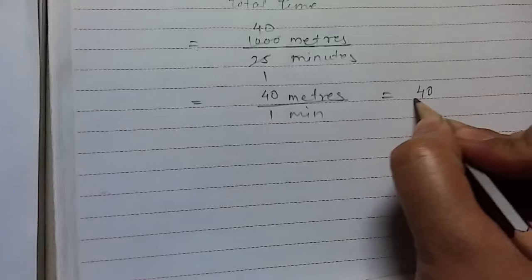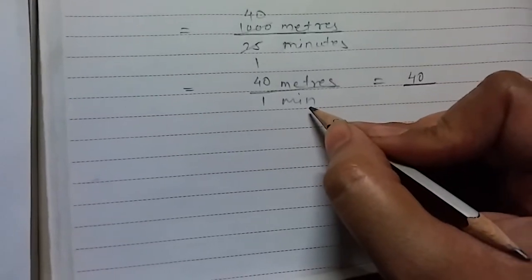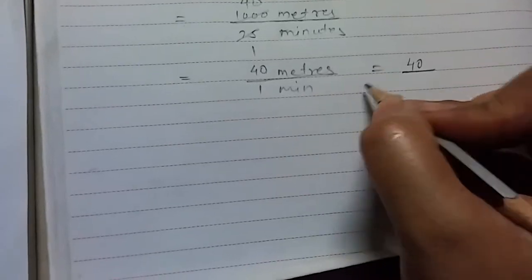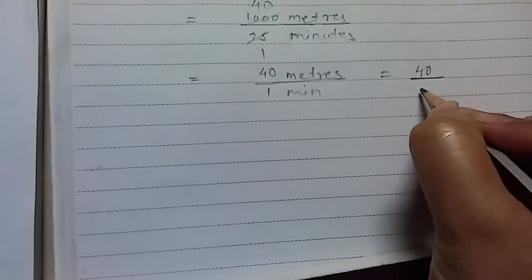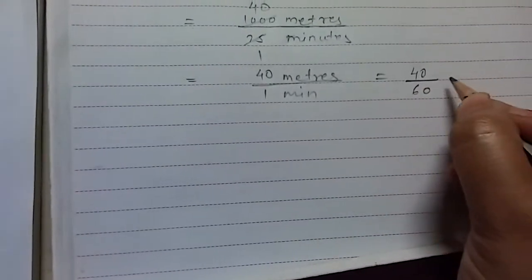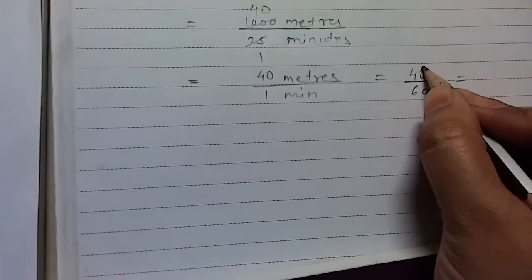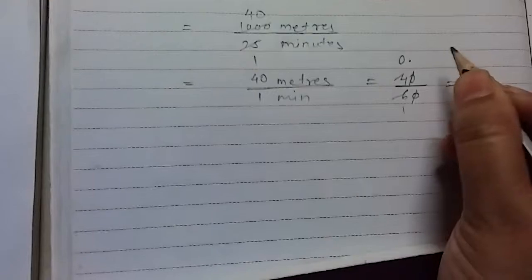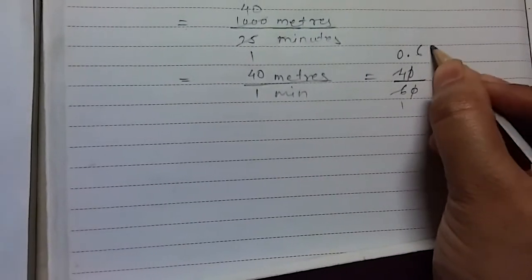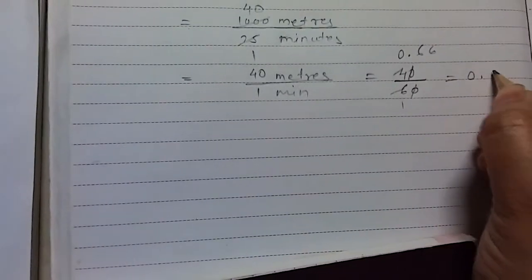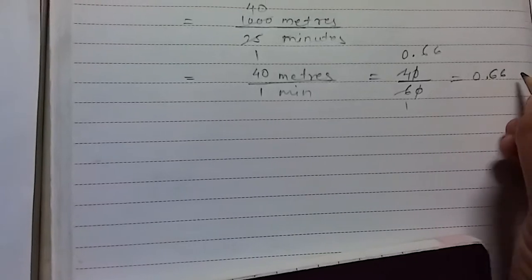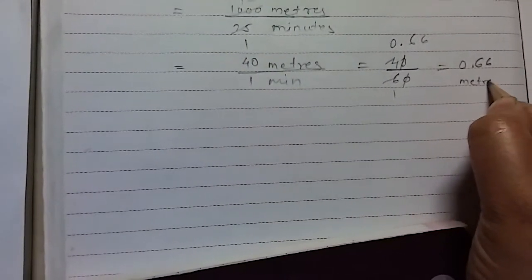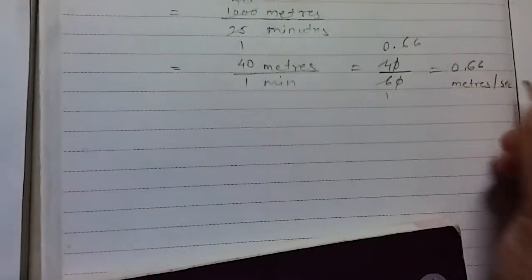You can convert this minute into seconds. 1 minute means how many seconds? 60 seconds. Okay. Now this 0 will get cancelled. 6 ones are 6, and the answer is 0.66 meters per second.